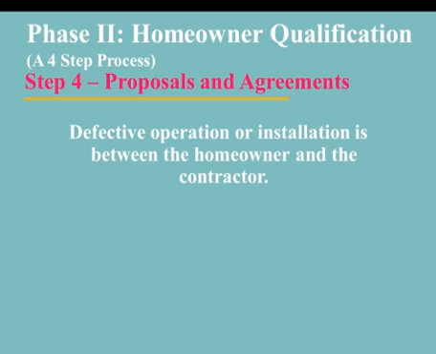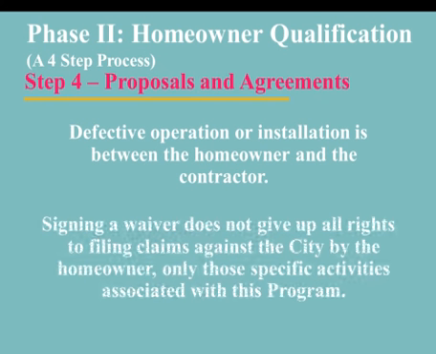This is a contract between you and the contractor and not the city. And by signing a waiver, you're not giving up all rights to filing claims against the city, just those specific activities as part of the process.